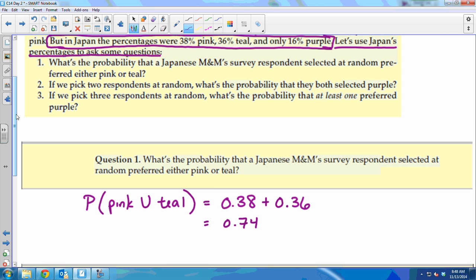No, actually, the book goes back and, it says, like the very first, I skipped that part of the question because it wasn't relevant to this question, but it says it does add up to 90, so you would assume there would be 10% that had no preference. I just didn't give that to you in the prompt. So that didn't help us answer this question, so I just didn't put it on here. That's a good catch, though. That's the type of thing you're thinking about. Other questions on question 1?